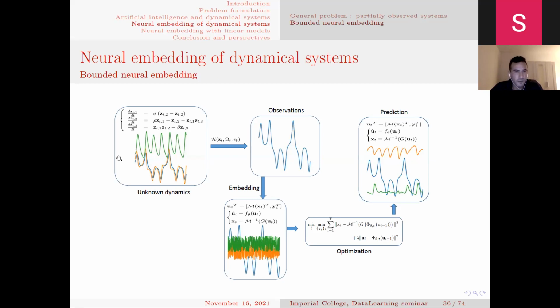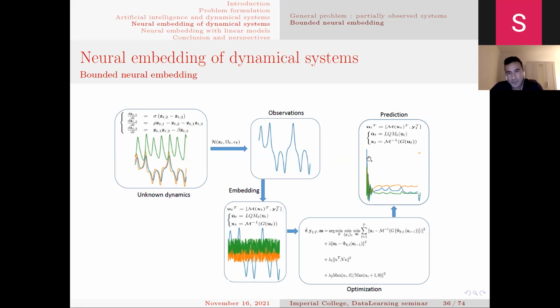So starting from the first formulation of the neural embedding model, making it bounded, which also makes it generalize to any initial condition, even if given far from the observations, can be simply achieved by restricting the form of the neural ODE model to be linear quadratic, and by adding some energy constraints over the linear and the quadratic parts of the linear quadratic model.